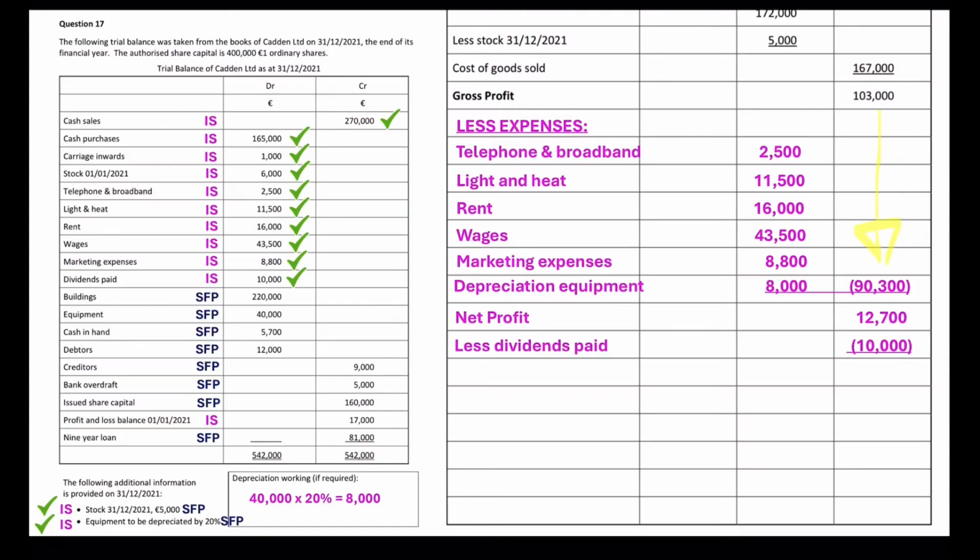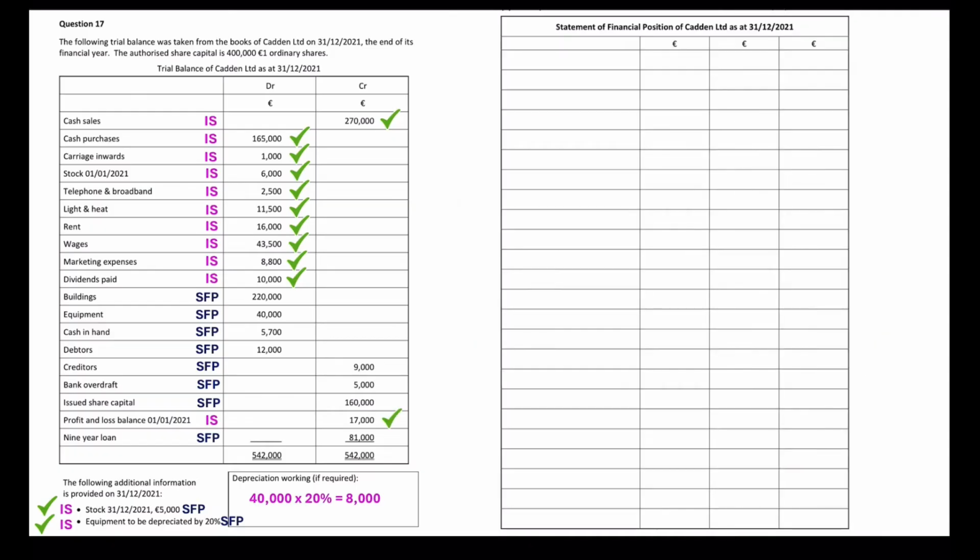So it's a part of the company's profits that they give to the shareholders. That gives us €2,700 there. Then what we do, we add our profit and loss balance from the start of the year, which is €17,000, and then we have 19,700 then is our P&L balance at the end of the year.